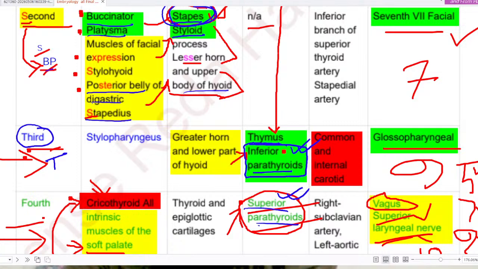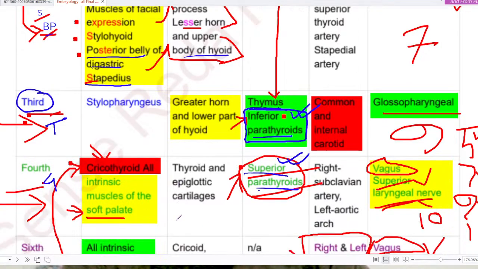Superior parathyroid develops from the fourth. Also, the nerve from the third is glossopharyngeal, the ninth, and from the fourth, vagus, superior laryngeal. Vagus and superior laryngeal, these two.